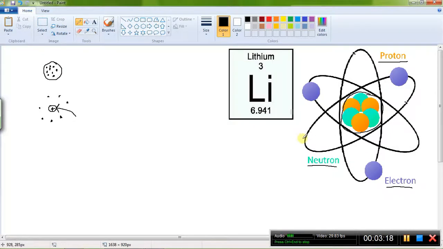Now, one other thing that's of important note is the relative mass of each particle. Protons and neutrons have about the same mass, but they're a lot more massive than the electrons. Electrons are tiny compared to a proton or a neutron.